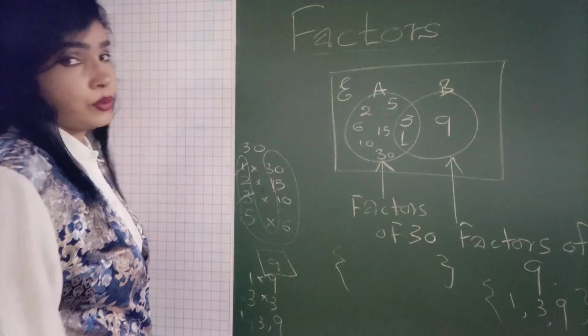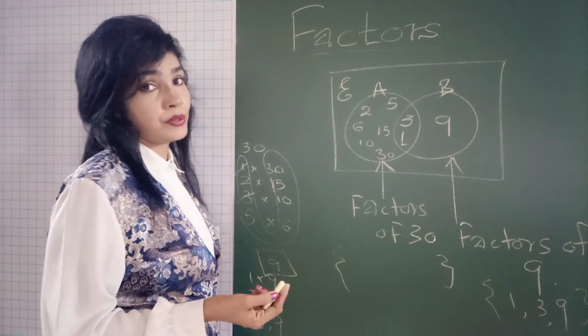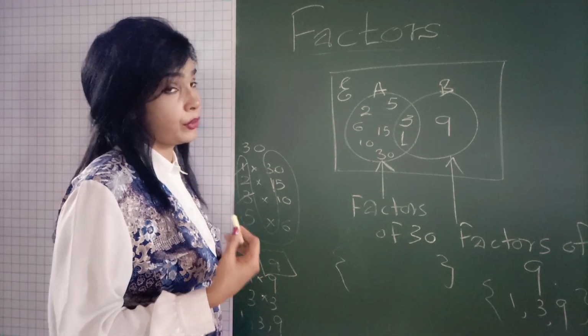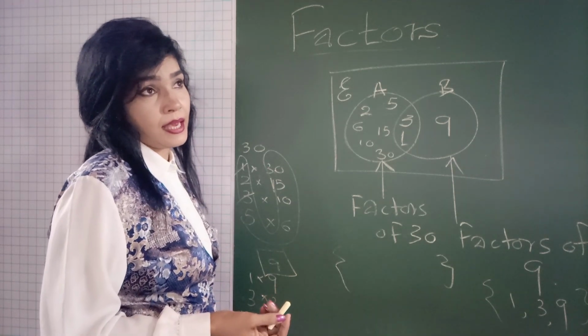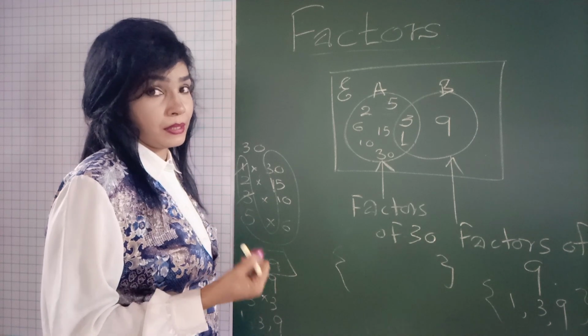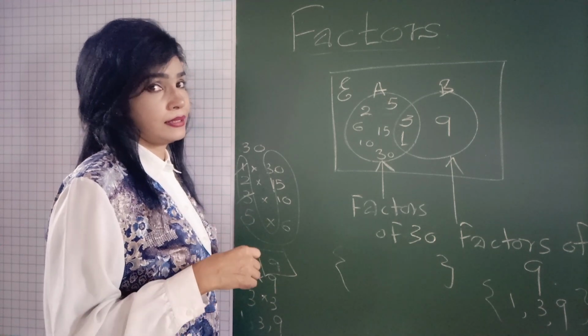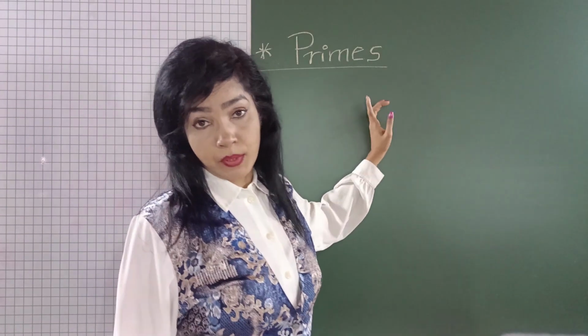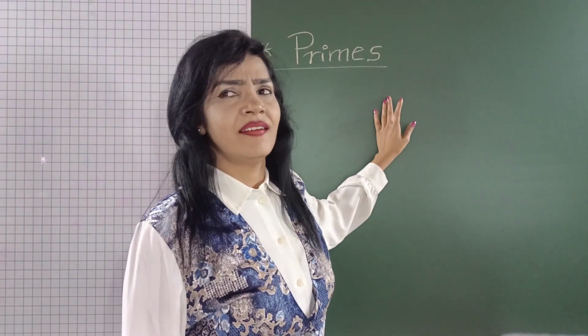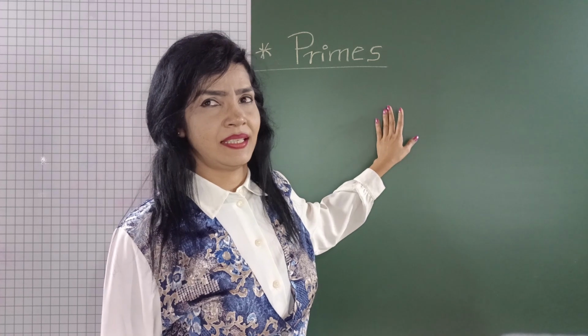Okay, so I hope you understood how to answer the questions related to factors, and already you know what prime numbers are as well. So factors, primes or prime numbers. What are prime numbers?